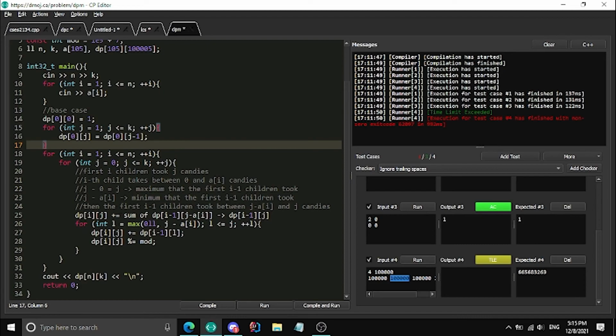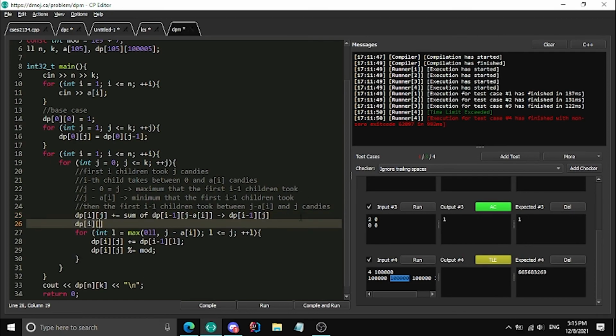Now for our actual calculation of dp here, realize that if we want the sum of this range, how we use the dp array is that dp at i at j plus equals dp at i minus 1 at j minus the exclusive starting point, right?